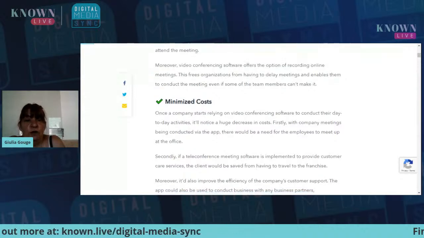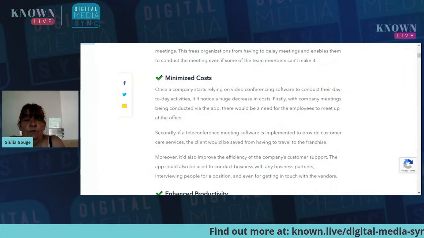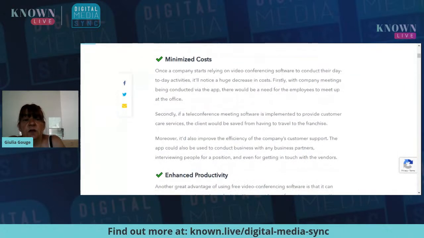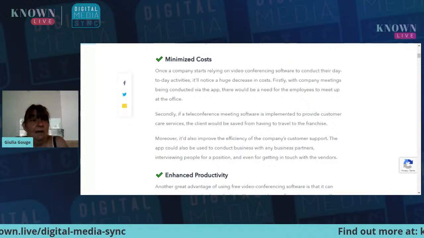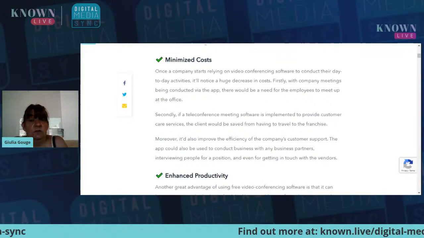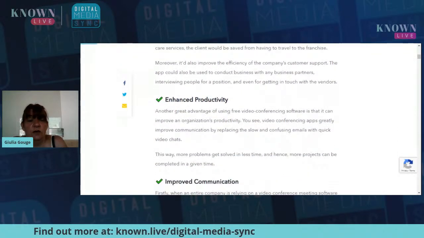You're not being throttled at all, you know, for any reason. Minimize costs. Definitely every organization, no matter how big or small, has a budget. So you want to take a look at what those costs are and what you're getting for that cost.